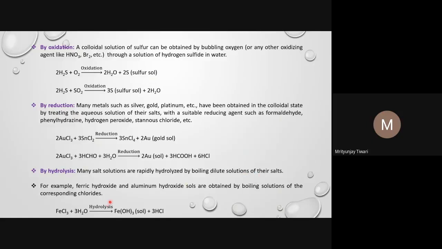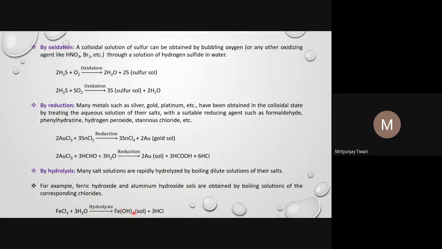For example, ferric hydroxide and aluminum hydroxide sols are obtained by boiling solutions of the corresponding chlorides. So if you use a dilute solution of FeCl3 and hydrolyze it, what will happen? Fe(OH)3, iron three hydroxide, will be formed.